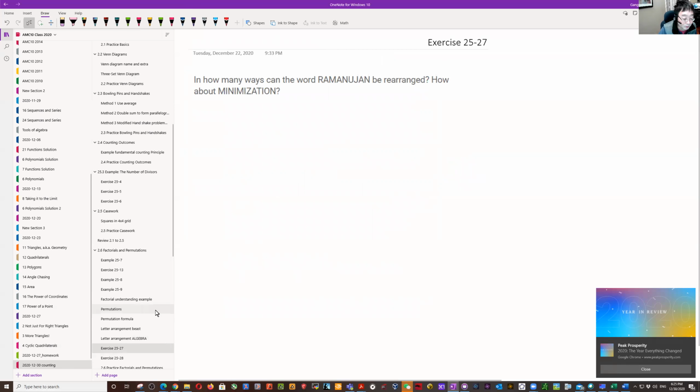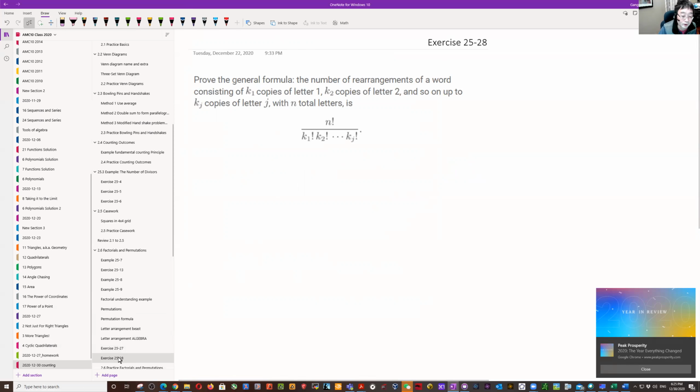And so there are a bunch of exercises. A typical one, for example, is Mississippi. It is n factorial divided by k1 factorial, k2 factorial, all the way on. Mississippi has 4 i's, 2 p's and 4 s's, and altogether 11 letters: 1, 2, 3, 4, 5, 6, 7, 8, 9, 10, 11.